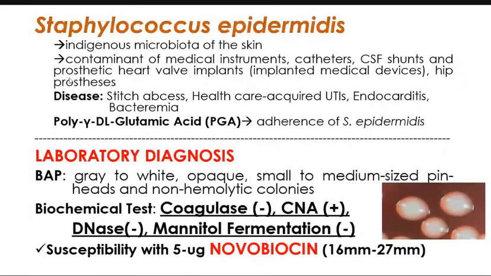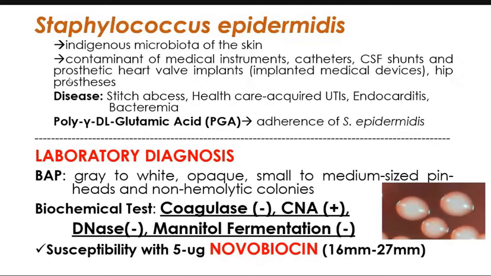If you remember prior lectures about these biofilms, they have the ability to form them through the production of cell surface and extracellular compounds that promote the bacteria to adhere to plastic surfaces of prosthetic devices.